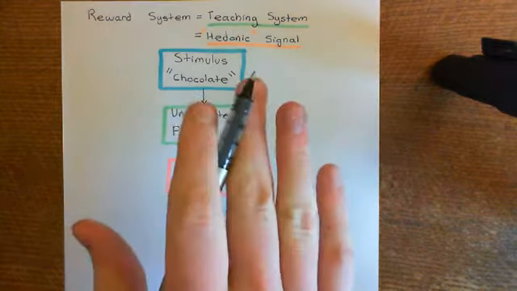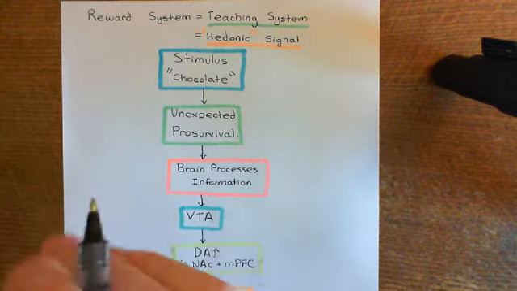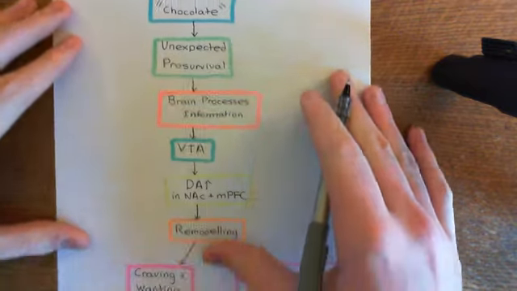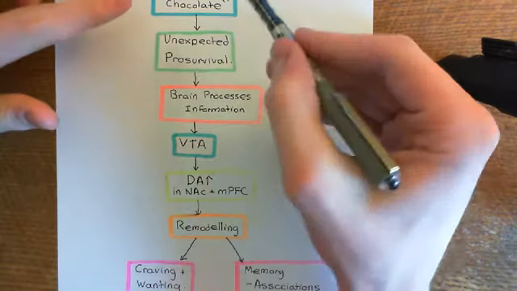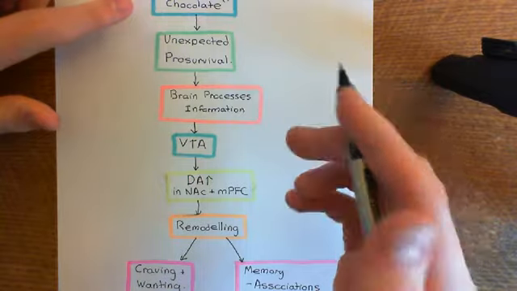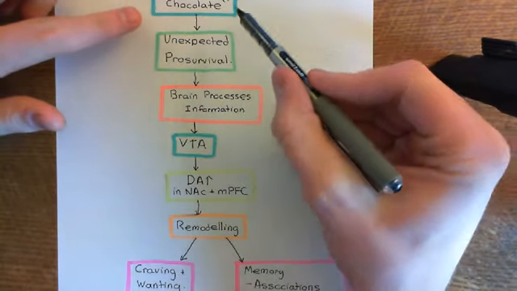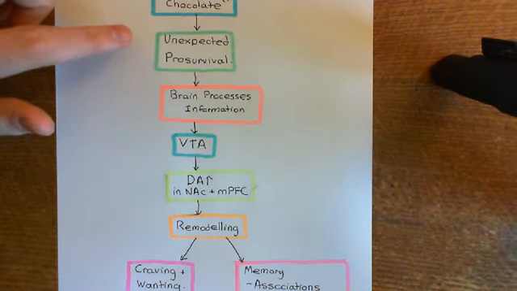So we don't think it's the hedonic signal anymore, and in fact, if you continue eating chocolate, let me exaggerate this point of view, and you get used to chocolate, eventually you will expect chocolate to be very pro-survival, to be a good thing.